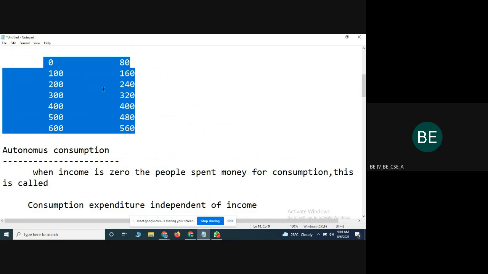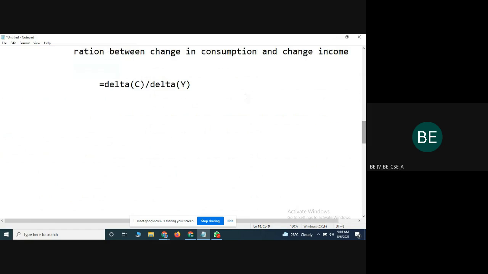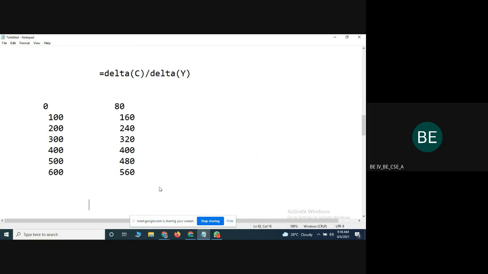The formula is the ratio between change in consumption and change in income. Consider the second case.